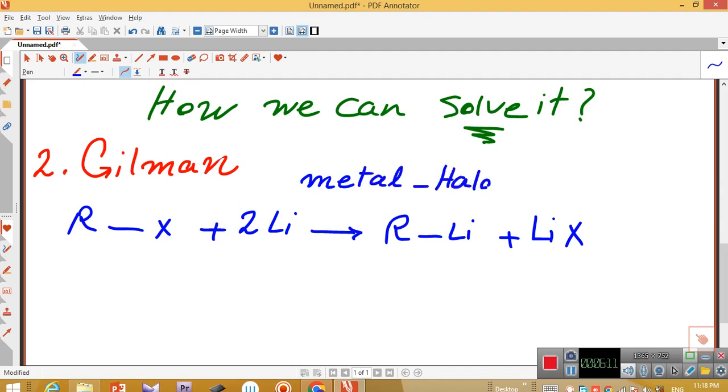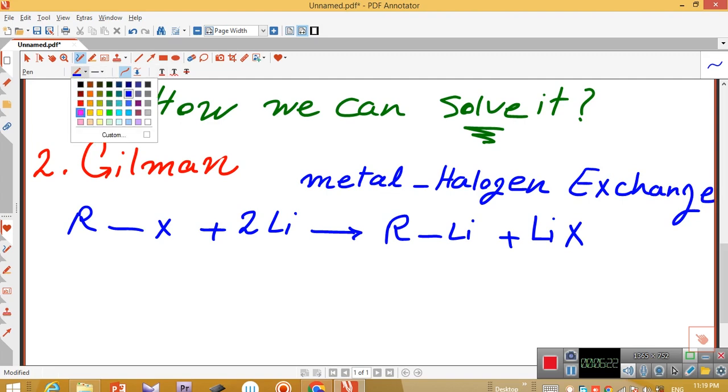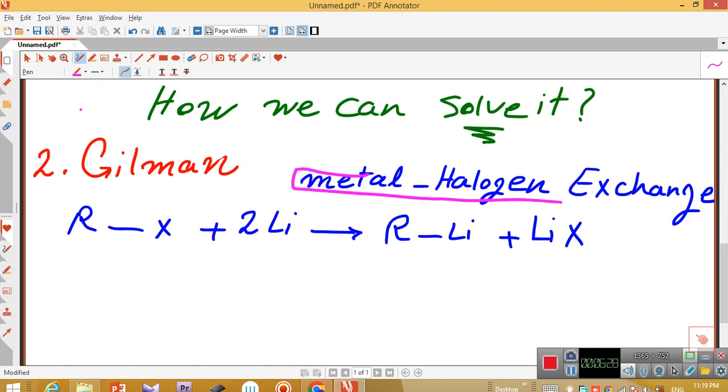You can imagine that lithium is in your product instead of the halide. So lithium and halide have been exchanged, and lithium has been substituted in the alkyl halide. So X will go to lithium and the other lithium will go instead of X in the alkyl halide. It's very easy, my friend. Just take a look at the easiest way to predict what the product of this reaction is.